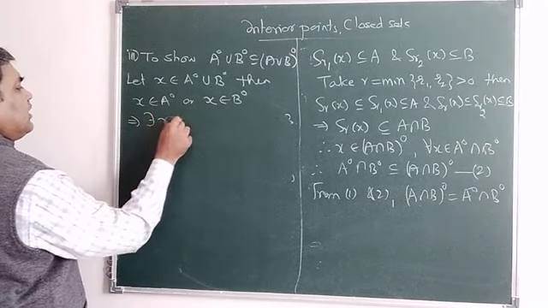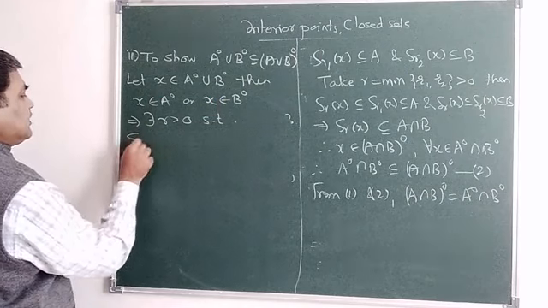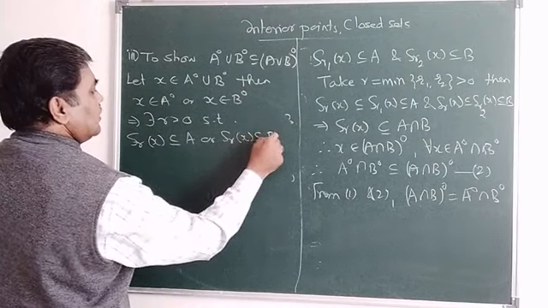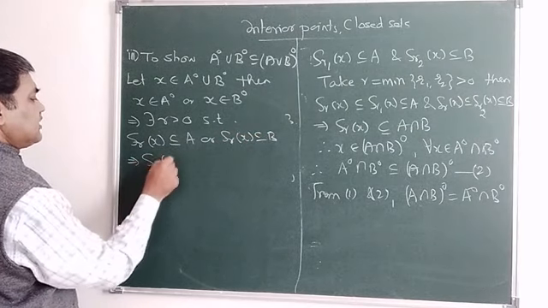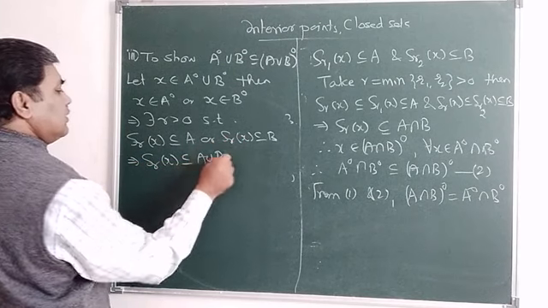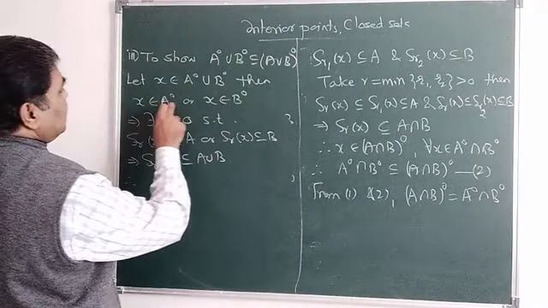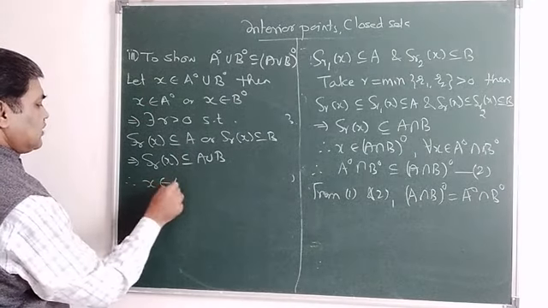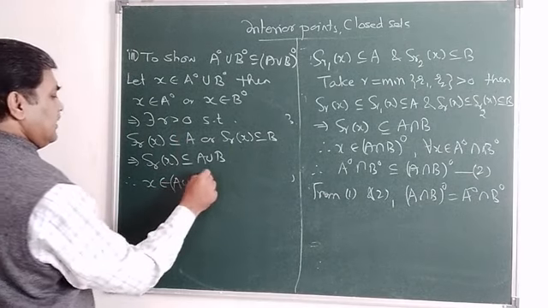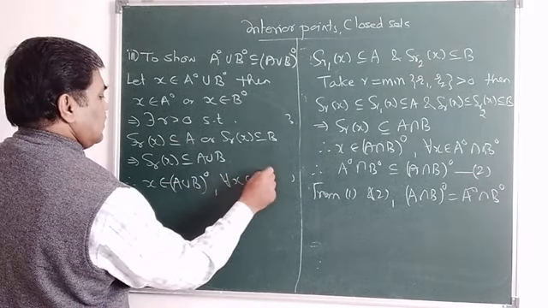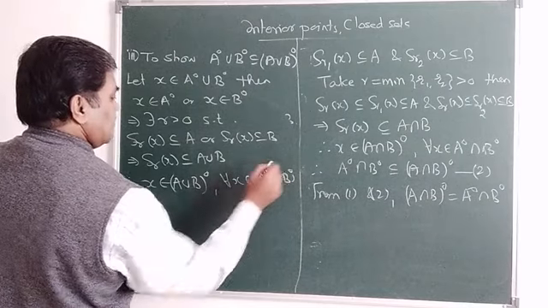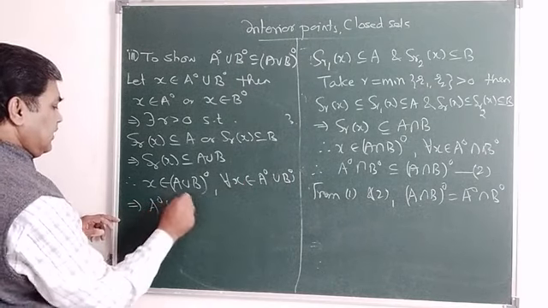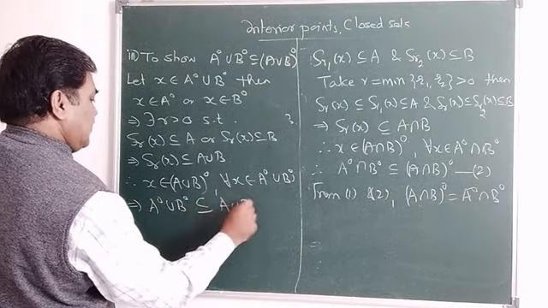This implies there exists some r greater than 0 such that S_r(x) is a subset of A or S_r(x) is a subset of B. This implies S_r(x) is a subset of A union B. So for given x belonging to A interior union B interior, S_r(x) is a subset of A union B. Therefore, x belongs to (A union B) interior, and this holds for any x belonging to A interior union B interior. This implies A interior union B interior is a subset of (A union B) interior.